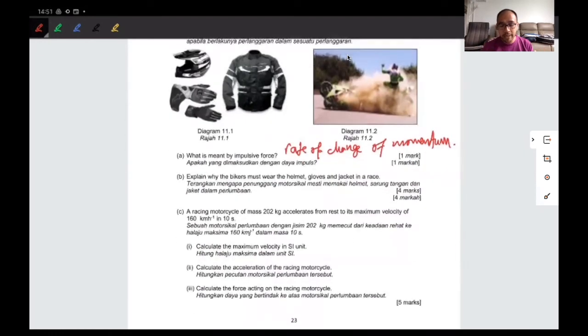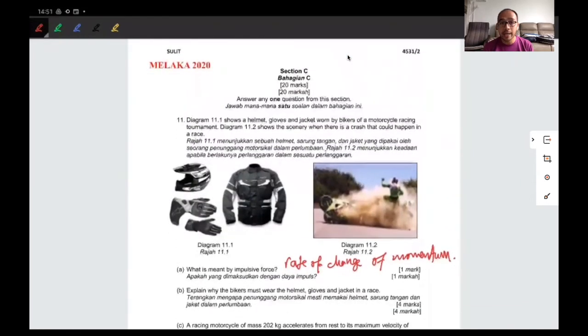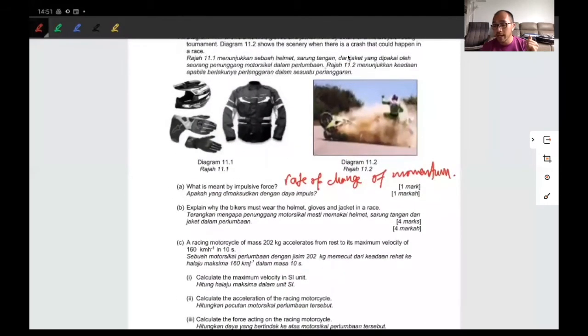Explain why the bikers must wear helmet, gloves, and jacket in a race. For those of you who are just joining, we are at Malacca 2020, question number 11. Because we're talking about impulsive force, the helmet, the gloves, and the jacket all actually serve the same function.